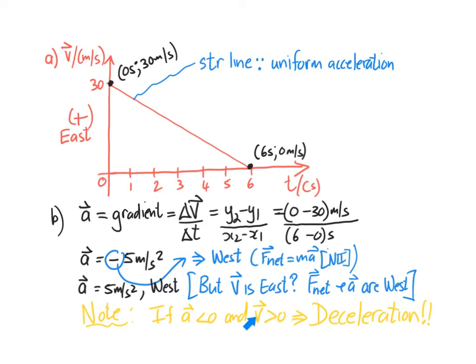So while the velocity is always in the same direction as the motion of the object, that is not necessarily always true of the acceleration, because the acceleration is in the direction of the net force, and in this case the net force is a braking force which is acting against the motion of the vehicle, hence bringing the vehicle to a standstill. So getting a negative acceleration here with a positive velocity means that this object is decelerating, but in an easterly direction.